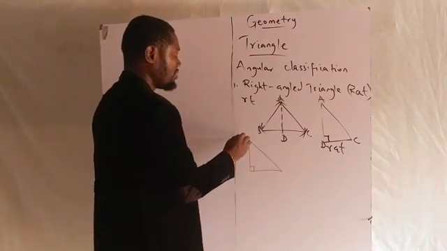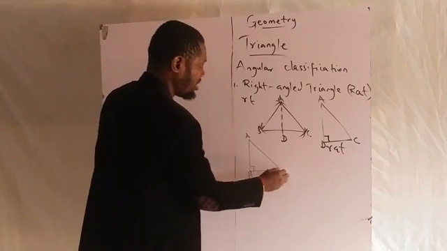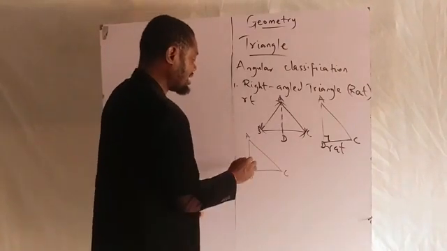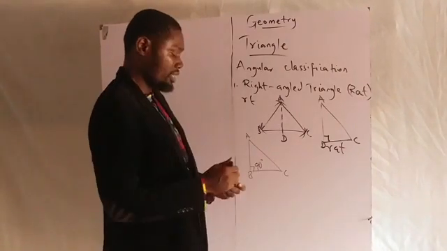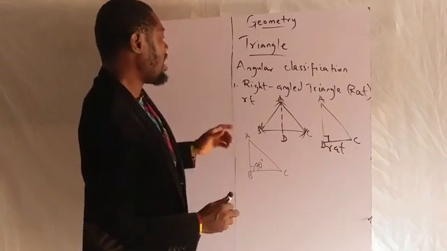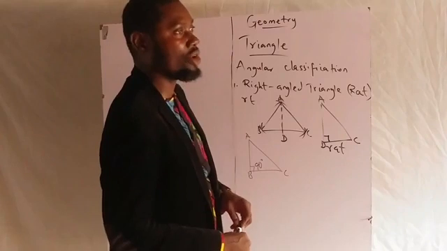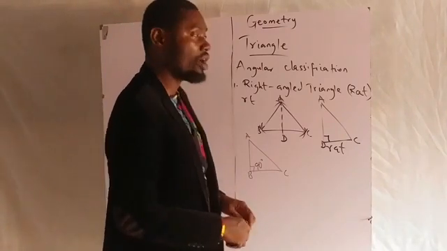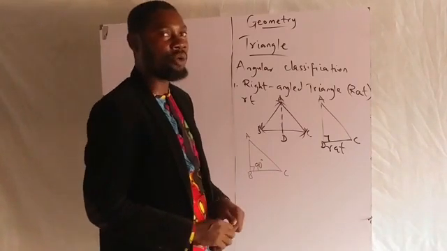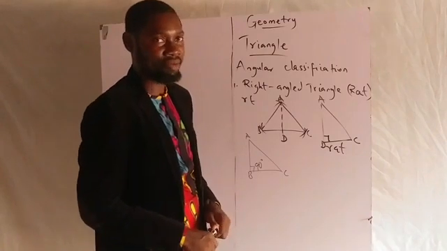90, A, B, C. Since here is 90 degrees, it means that a right angle triangle is a kind of triangle that has one of its interior angles to be 90 degrees.